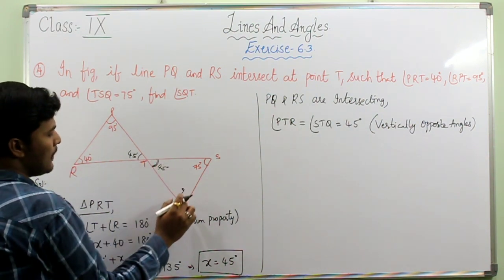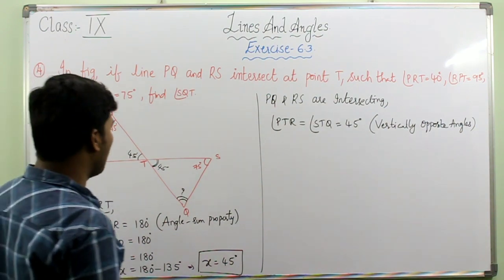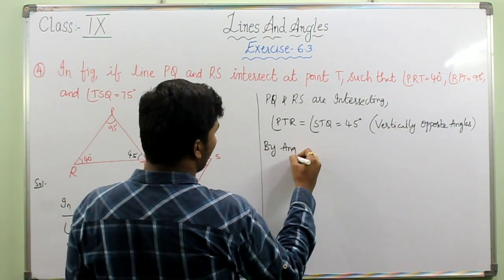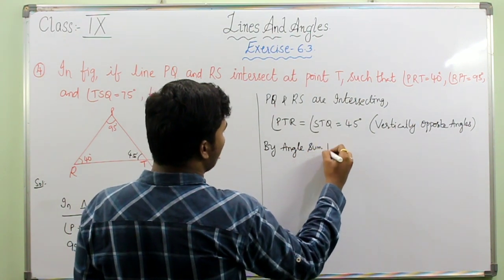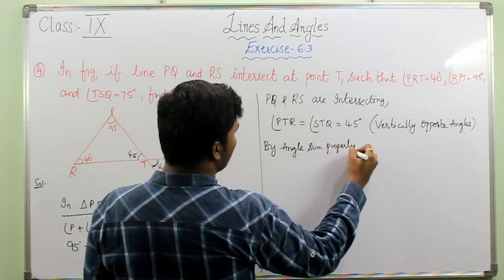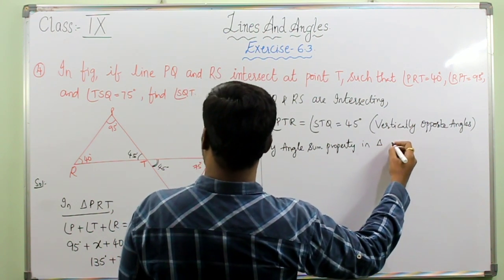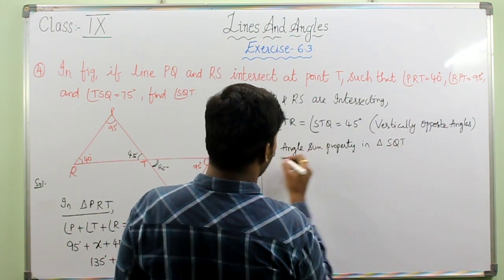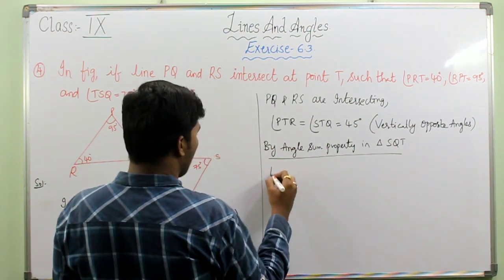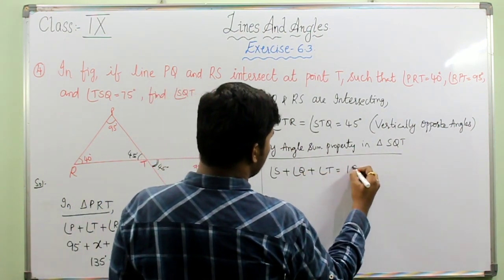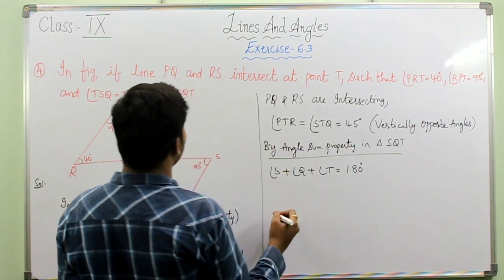Now again, here I can apply angle sum property in triangle SQT. That is angle S plus angle Q plus angle T is equal to 180 degrees.